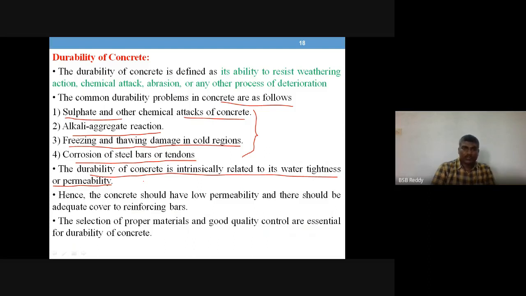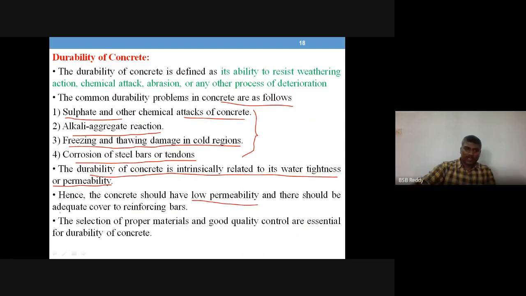Okay, so you have to improve the water tightness of the concrete, which means you have to have a packed concrete member. Permeability should be very low. So you have to make an impermeable concrete member, then its durability will be very good. Hence the concrete should have low permeability.